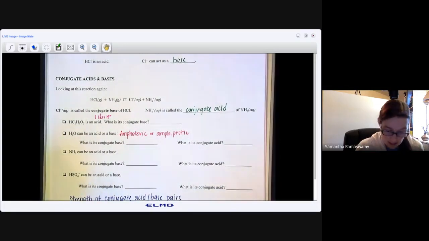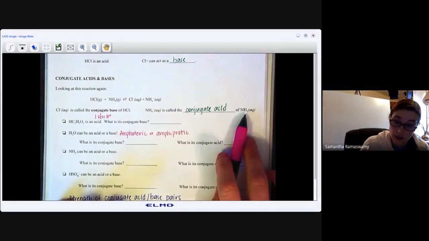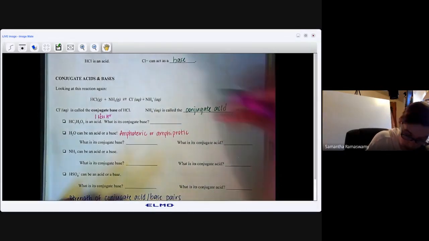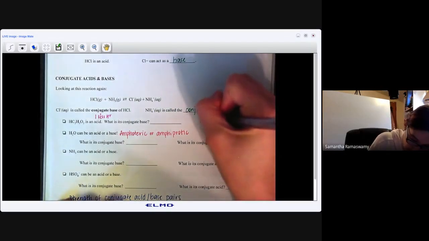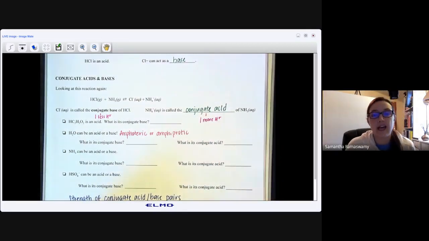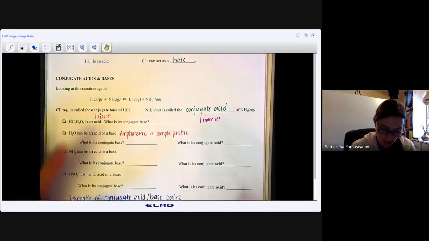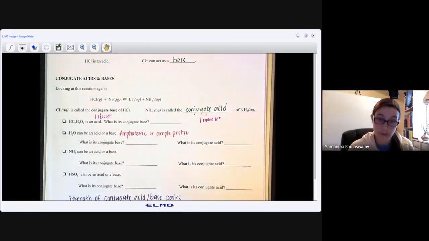Notice how NH4 plus has one more H plus than NH3. So the conjugate acid has one more H plus. In any conjugate acid-base pair, they differ by only one H plus, only one. So here it says HC2H3O2 is an acid. What is its conjugate base?